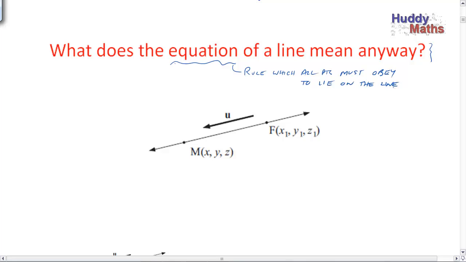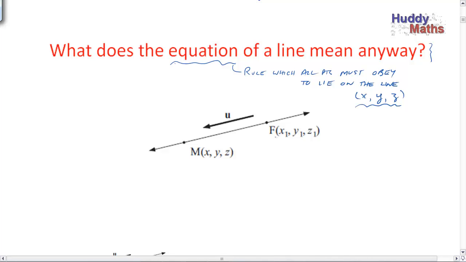That's what we mean by an equation, which all points must obey. So the points here have coordinates x, y, and z. And what we want to do is to say, what's the relationship between x, y, and z? That special relationship, so that all the points will line up. That's what we're trying to do. So we need an equation or a rule connecting x, y, and z. Fairly simple idea.